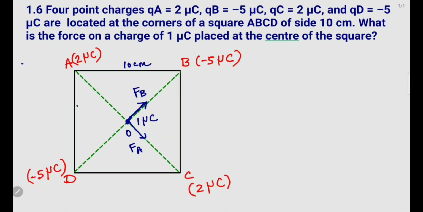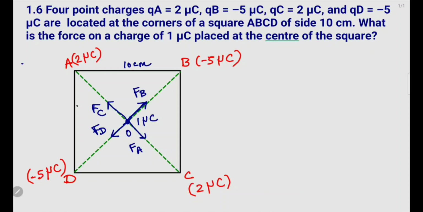Now coming to the charge at C, again 2 microcoulomb positive charge, which will again repel, so FC will be going in this direction. Now last, coming to the charge at D, minus 5 microcoulomb. Unlike charges, so it will attract that 1 microcoulomb, FD.